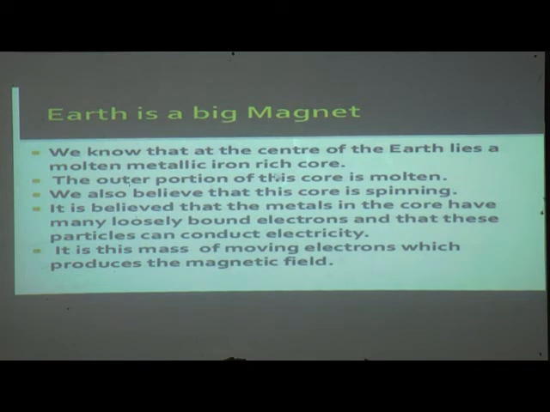So earth is also a big magnet. How is it? We know that at the center of the earth lies a molten metallic iron-rich core.